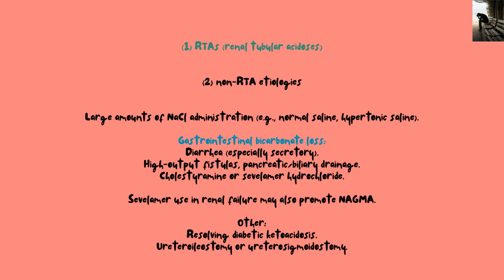As to the causes of a non-anion gap metabolic acidosis, I have discussed that in detail in the previous video, but I have presented that slide here as well, just for familiarity. Have a look. It's divided into major categories of renal tubular acidosis and non-renal tubular acidosis etiologies that cause NAGMA.